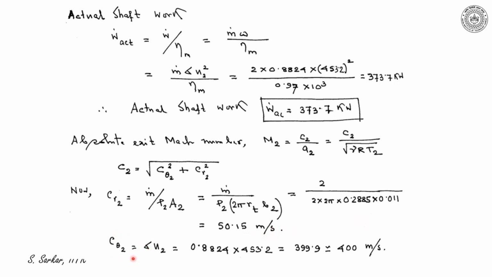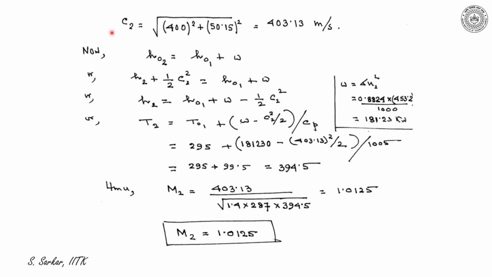Now C theta 2 would be equal to sigma into U2. Put the values of sigma as 0.8824 and U2 as 453.2. If you multiply this, you will get about 400 meter per second. Now C2 can be stated as root over C theta 2 square plus CR square, from the rectangle.